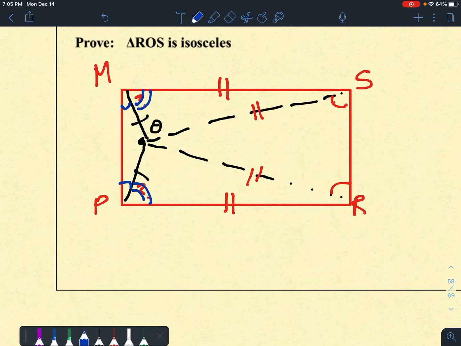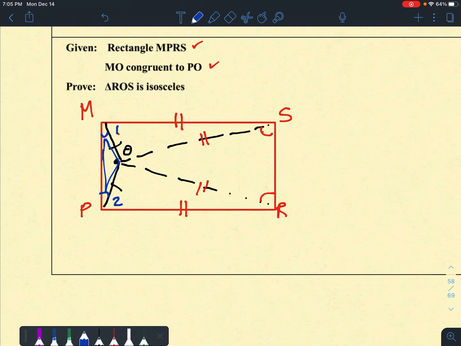So here I think the exterior angles, you could call them 1 and 2. They're not actually exterior, but they're outside of triangle MOP, okay? They are congruent to those inner base angles of that isosceles triangle, okay? By the complementary theorem, okay?